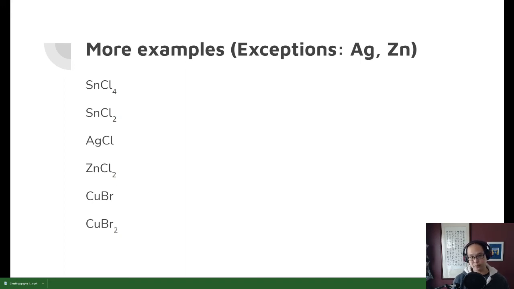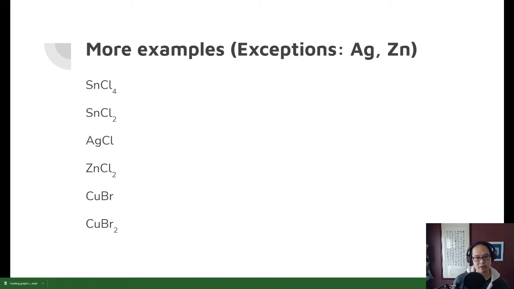So AgCl is silver chloride, not silver 1 chloride, and ZnCl2 is zinc chloride. You just treat them like any metal that always has a set charge.